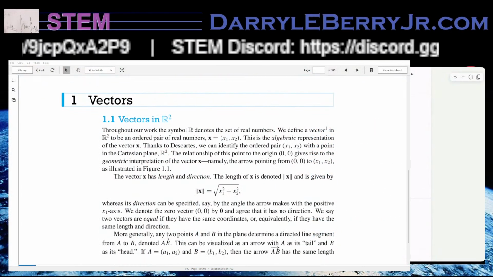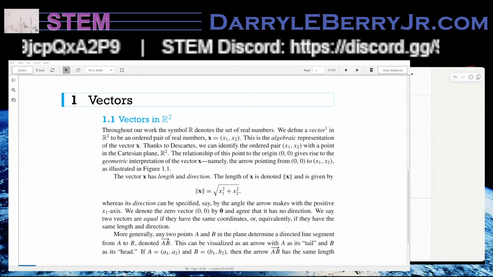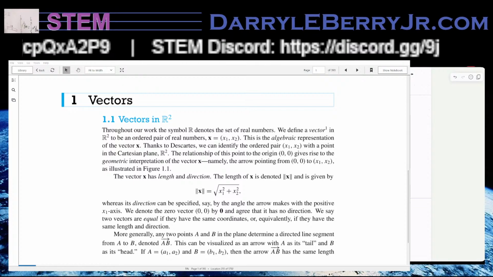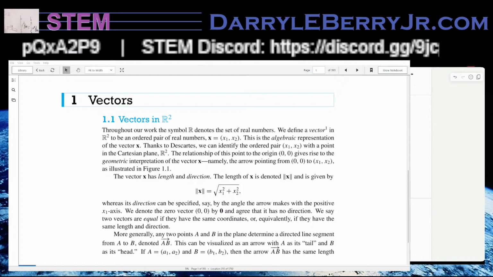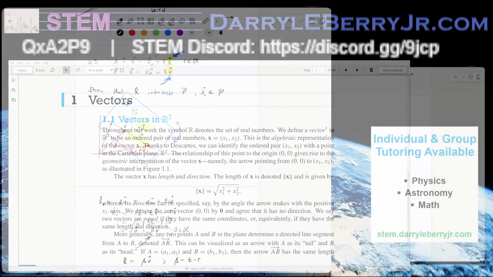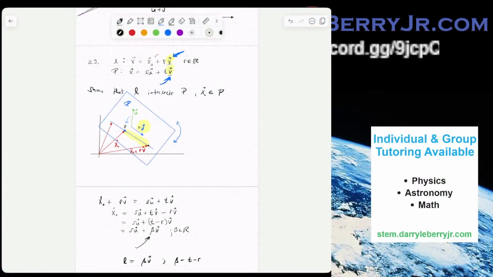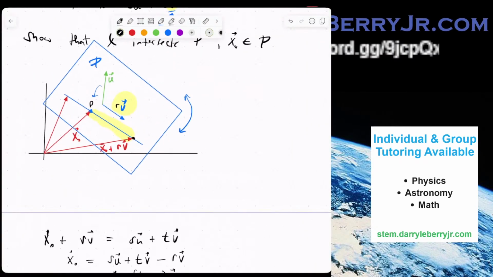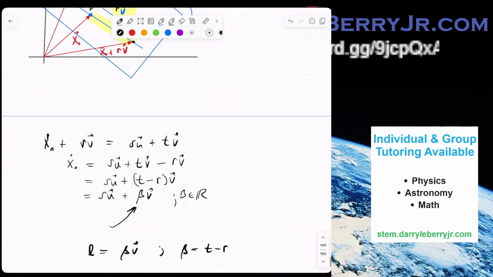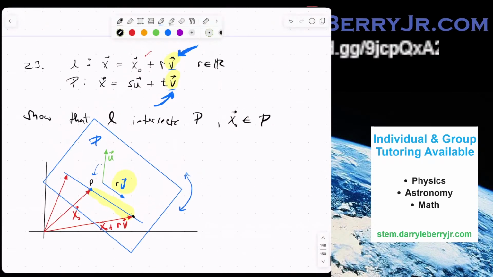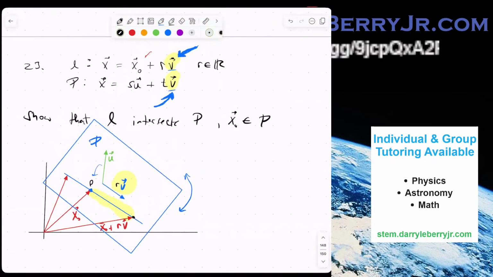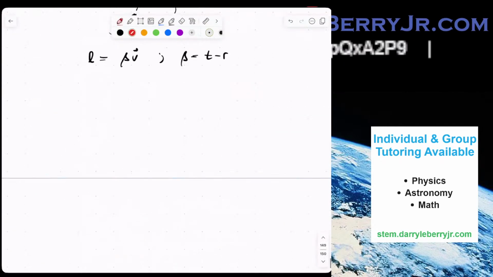So we'll start with vectors, and I'll show the screen to make the book primary. And we left off, by the way, proving that a line with a point that has the same vector as one of the vectors that make a plane, the point, the x0 of that line, is also in the plane.